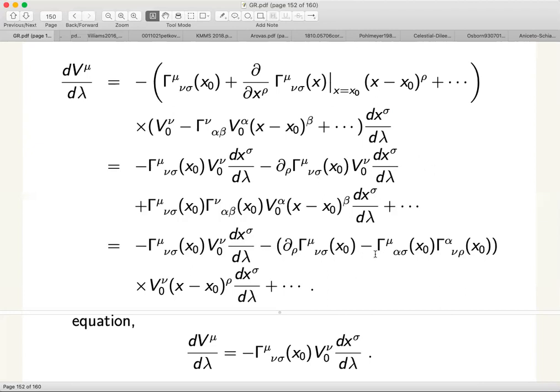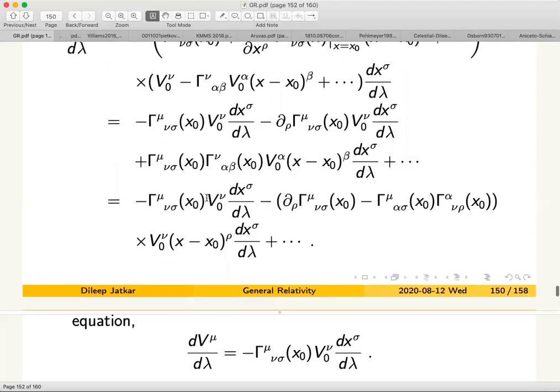That piece minus a piece which is gamma gamma, which also involves the x minus x naught piece. So this del gamma and gamma gamma piece is multiplied by v naught times dx by d lambda times x minus x naught, which is this piece, plus ellipses, which are all higher order terms which are not our concern at this order.